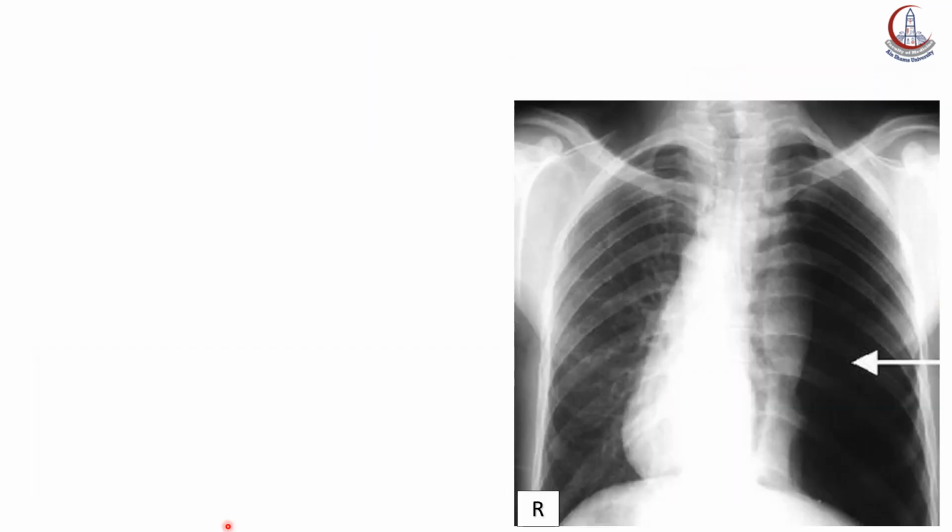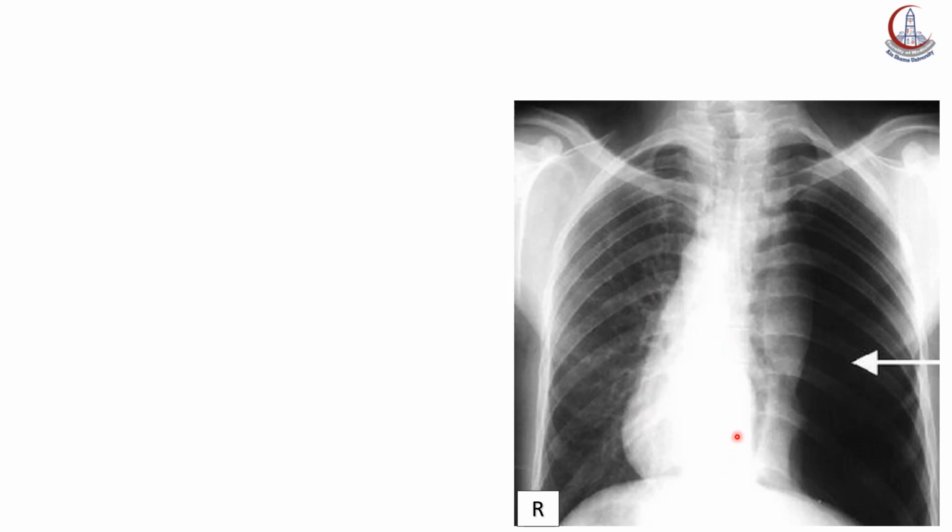This is an example of compression collapse. Here we have the left side and the right side of the lung. The right side is normal, and on the left side we have air accumulated in the pleural cavity, compressing the left lung and pushing the mediastinum to the right side.